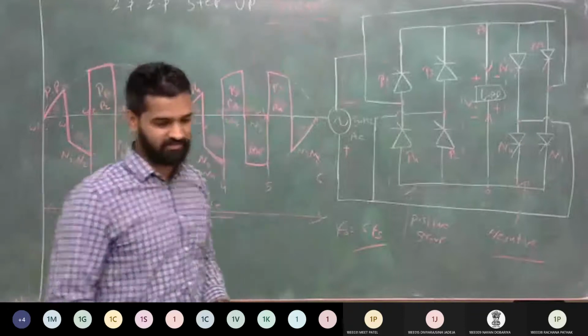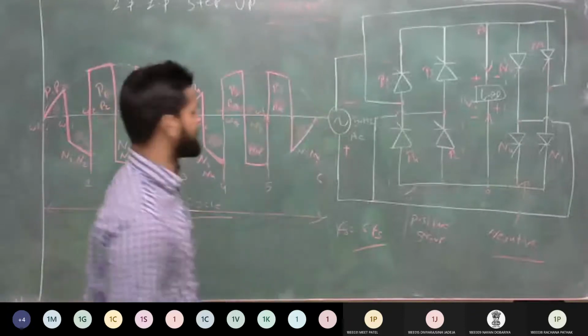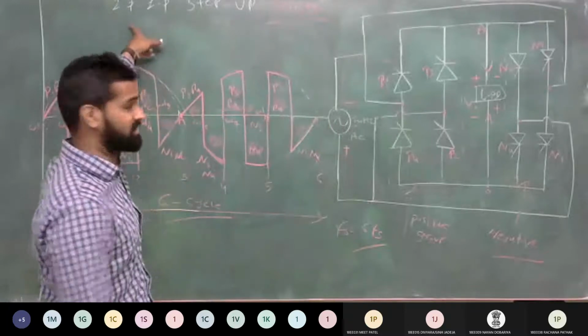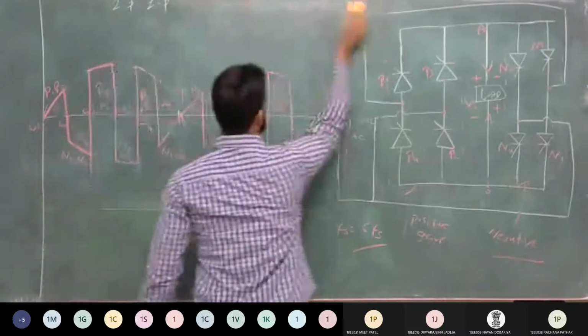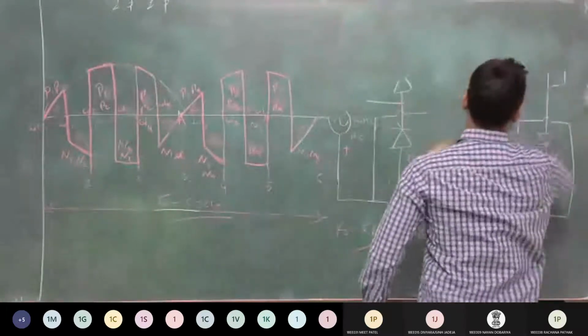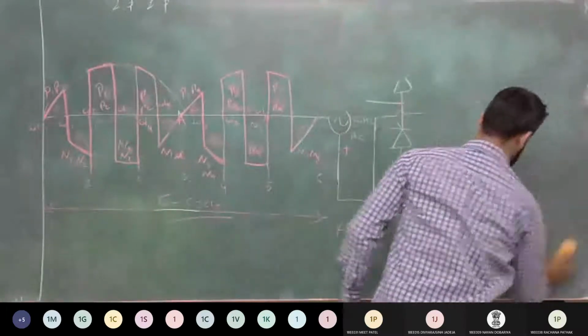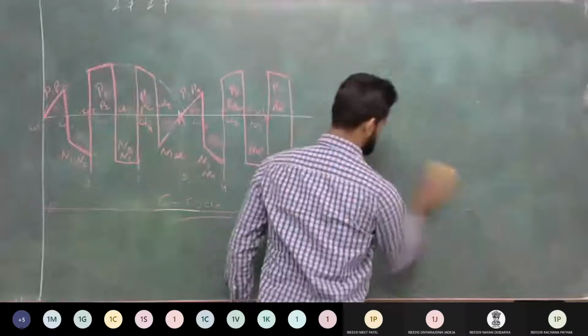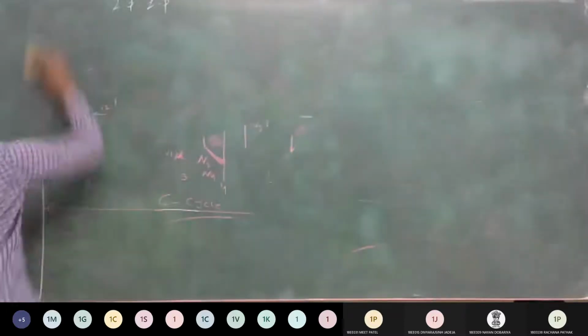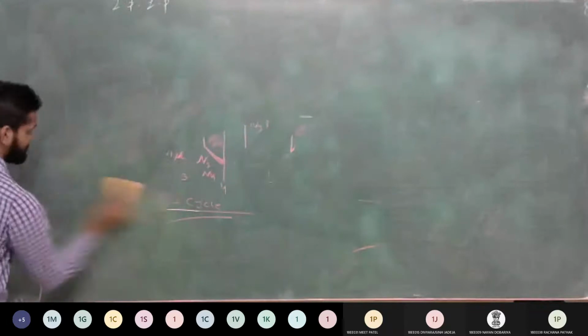Clear? So in today's lecture we will see the step down type of cycloconverter. Same single phase to single phase, but it is a step down cycloconverter. First we will see this step down using the midpoint configuration, and after that we will see the bridge configuration.